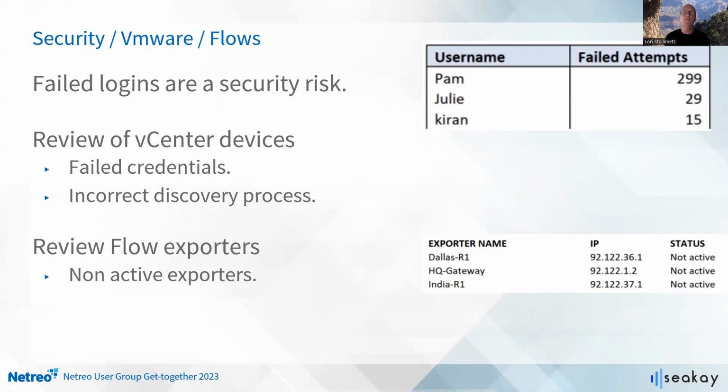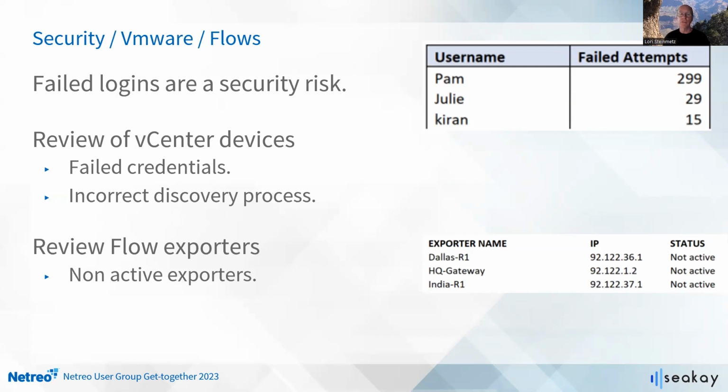So we may need to help Julie understand where her challenges are when she's trying to log into Netreo. That could require training. There could be a variety of reasons going on. It could also be an attempt by an outsider to gain access into the Netreo system.